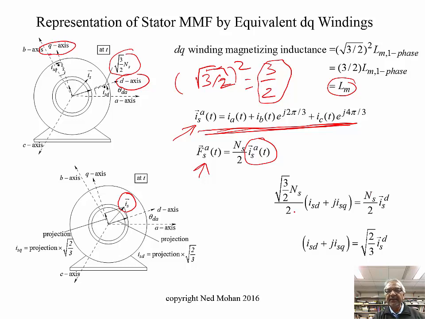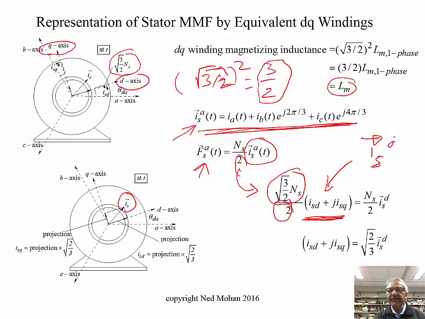We are saying that these currents are flowing through, applying the same expression here, that the number of turns for these windings happens to be square root of 3 over 2 times n sub s, and then this factor of 2 is here, and the current that we have is I sub sD plus j I sub sQ, and this quantity in brackets is I sub s, the space vector defined with d-axis over here.